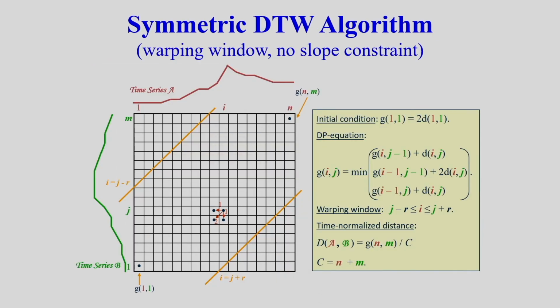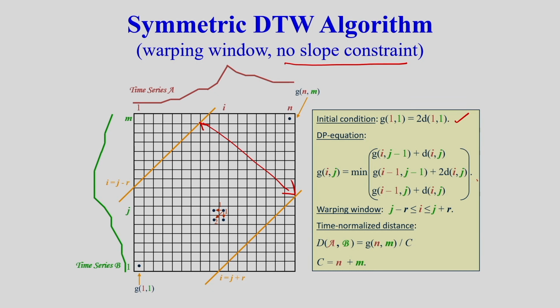So here you can see I am considering the symmetric DTW algorithm, and I am not considering the slope constraint. And you can see the warping window that is defined between these two yellow lines. The initial condition also we have to consider, that is Z11 is equal to 2D11. That is the initial condition for the dynamic programming.